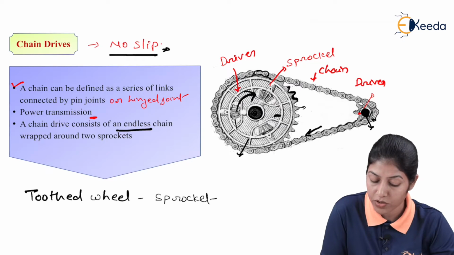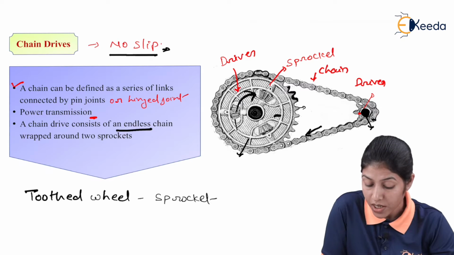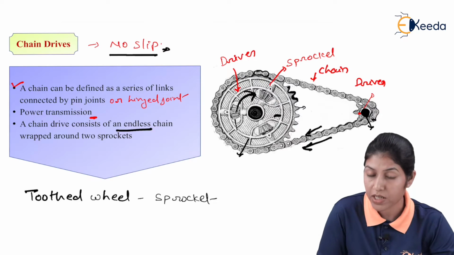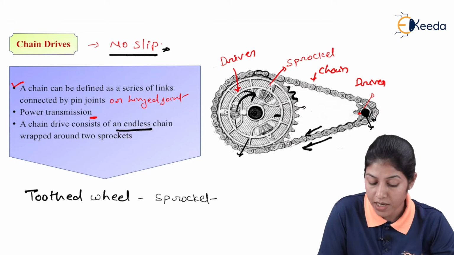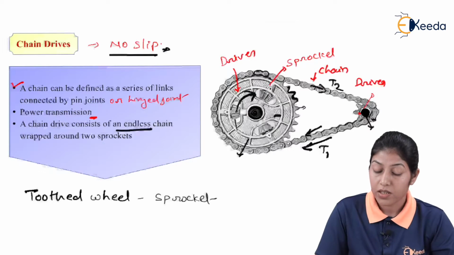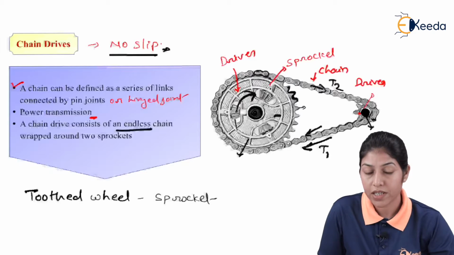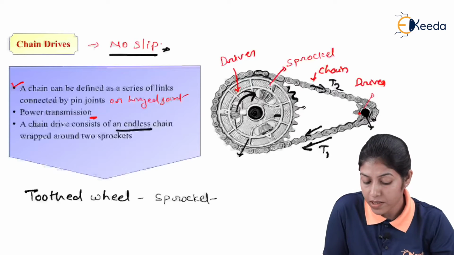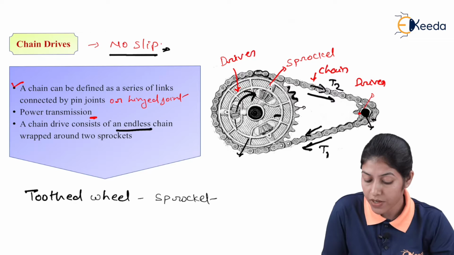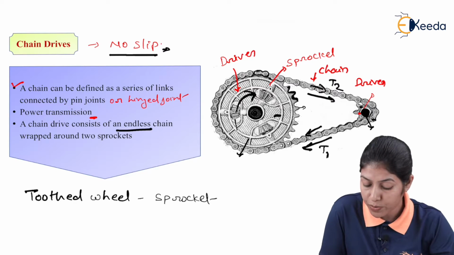When the driving pulley is rotating in the clockwise direction, we consider tension at this particular side, and it transmits the motion to this side. The tension at this side we consider lesser than the tension at the bottom side. T2 represents the tension at the slack side and T1 represents the tension at the tight side, and this slack side tension transmits the motion to the driven pulley or driven sprocket.